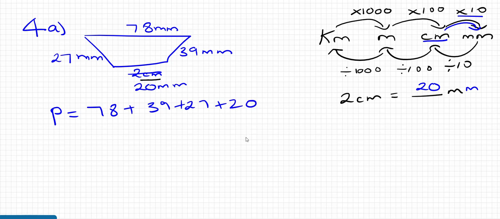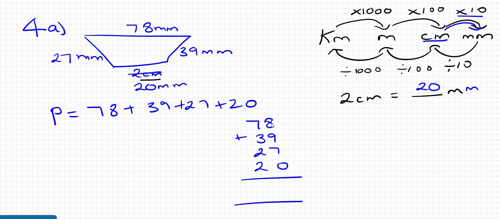If it helps, we can just use an algorithm. So I'll just squeeze it down here. So 78 plus 39, make sure your place value is in order, plus 27 plus 20. So all the ones that are supposed to be my ones column are there, and then my tens column. All right, and then I've got 8 plus 9 plus 7.